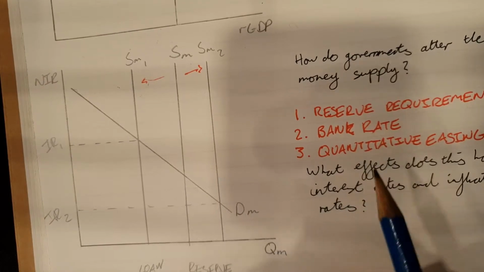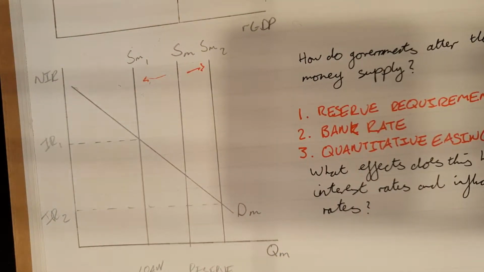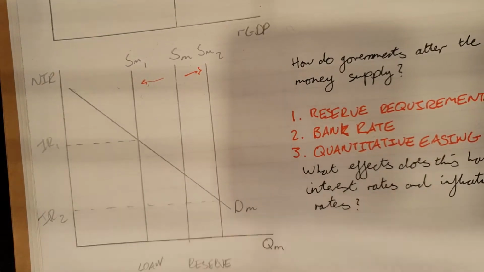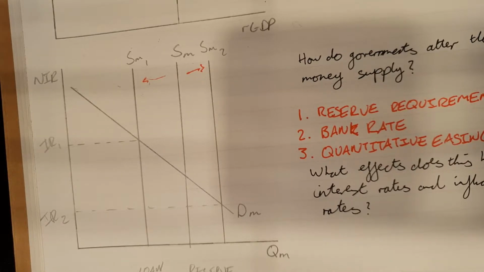Point two is the bank rate. This is the rate at which commercial banks must pay interest if they borrow from the central bank. Now, this happens quite a lot when banks need liquidity, so they borrow from the central bank. And if there's a lower interest rate on that loan, what that means is that banks are more inclined to take out loans and have money which they can then lend out to more people.